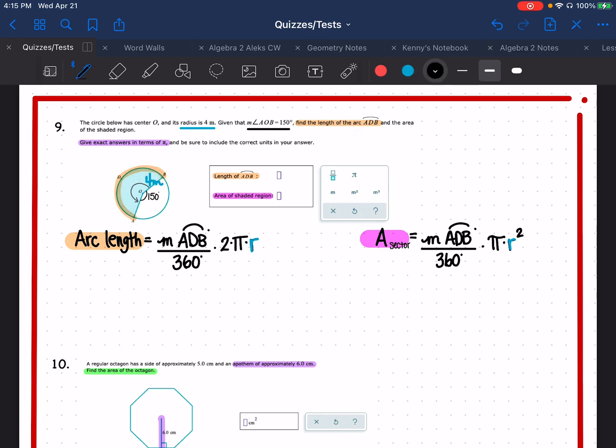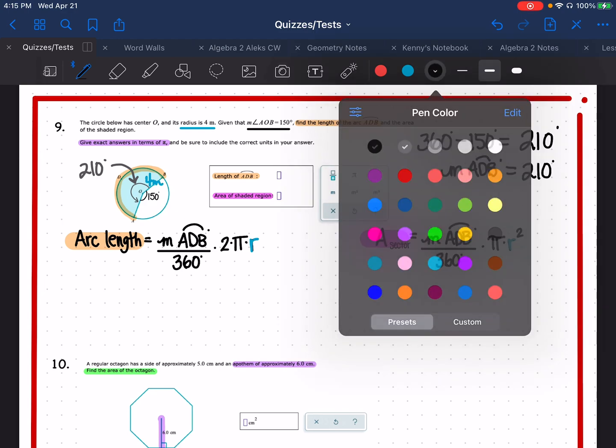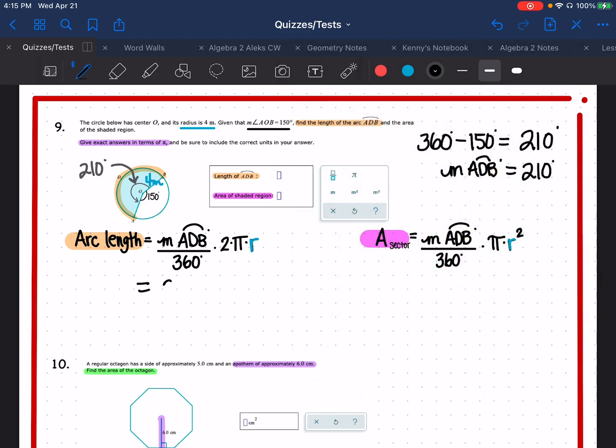So I do have to go ahead and say 360 degrees, my whole circle, minus the 150 that they gave me is equal to 210 degrees. This is what I'm going to use for the measure of arc ADB. It equals 210 degrees. There we go.